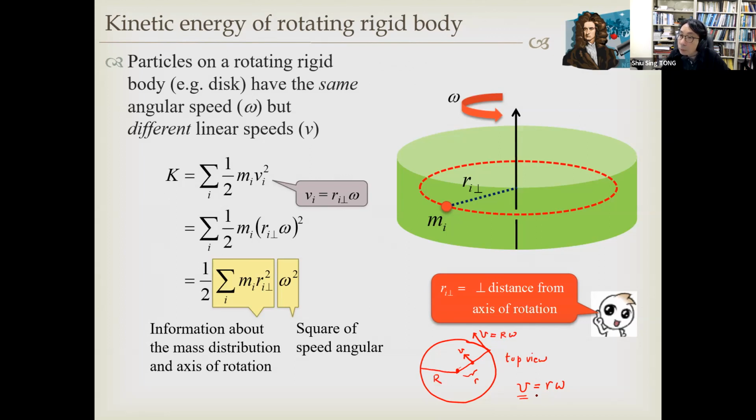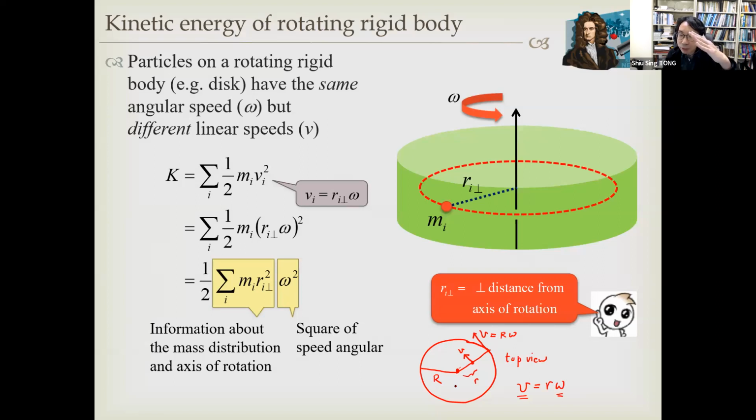This is the radius of the circle. So the linear speed gradually increases from the center of the circle to the rim, according to this relationship. But the omega remains constant. The omega is independent of whatever point you have in the circle, because it's the angle turned through by the particle, and all the particles share the same angle.